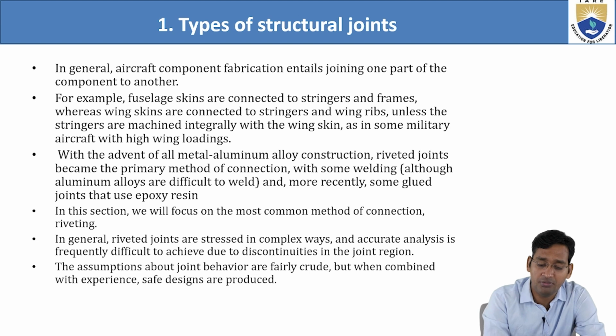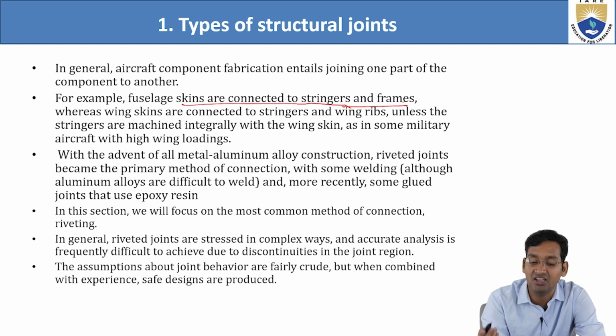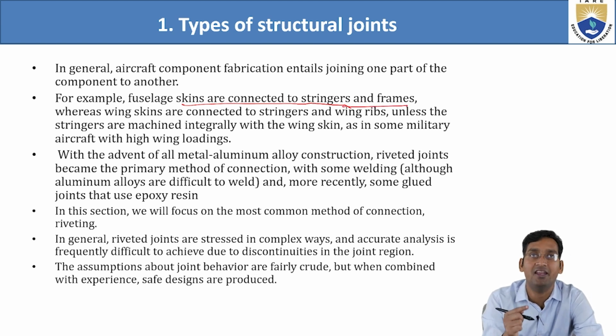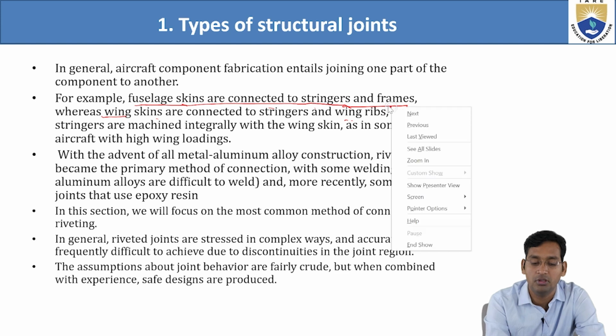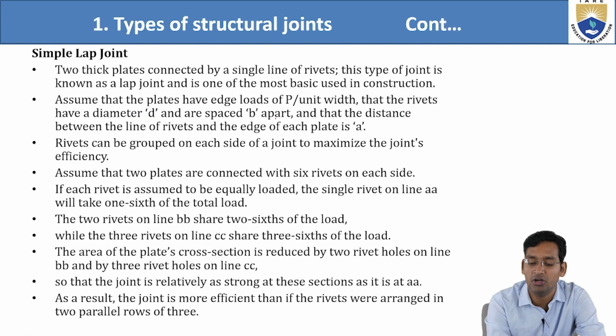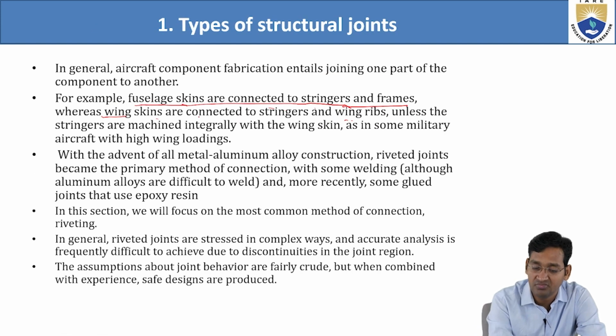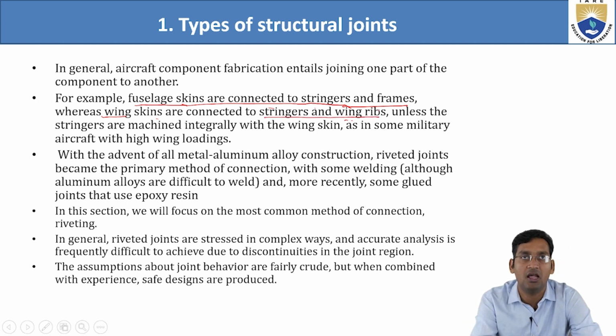So see here, the fuselage skin is connected to stringers and frames, and the wing skin is connected to stringers and wing ribs, unless the stringers are machined integrally with the wing skin.